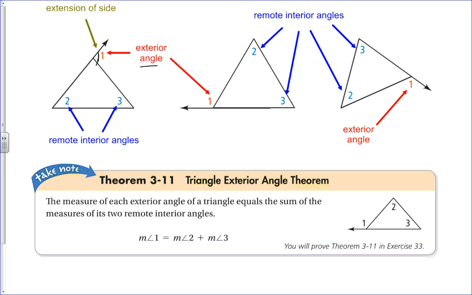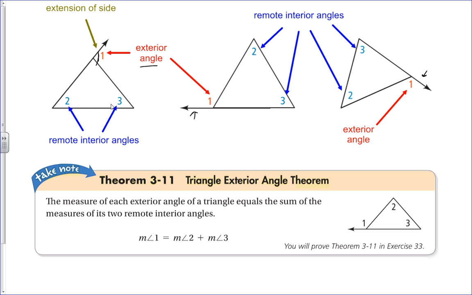Angle 1 is an exterior angle. Angle 1 and all of these are actually exterior angles, and all of these are the extensions of the side, because as you can see, we just took one side of the triangle and slid it out a little bit to give us an angle. So that's the extension of the side, and then that's our exterior angle.